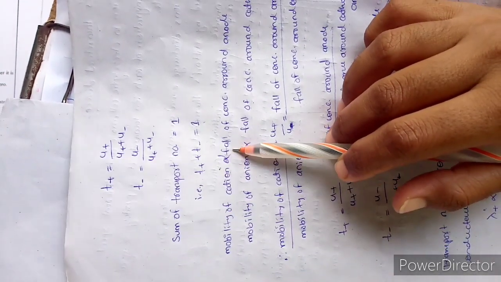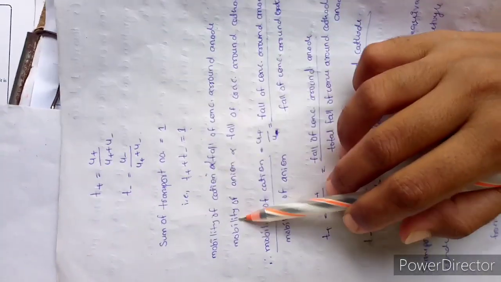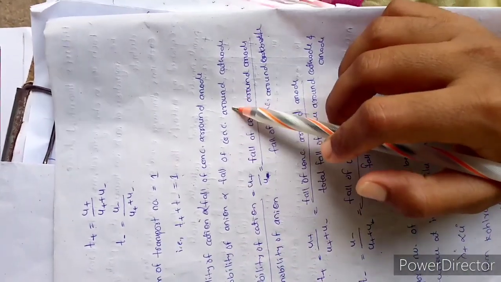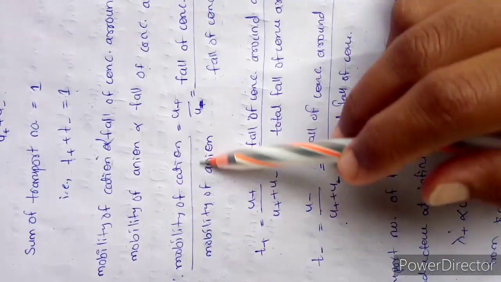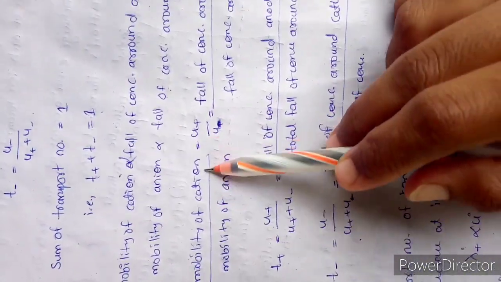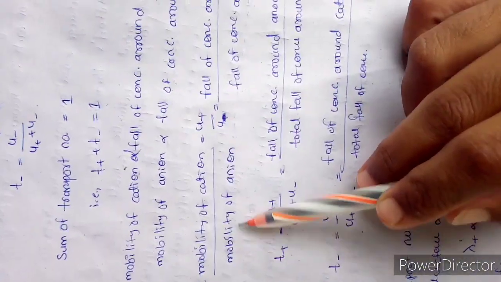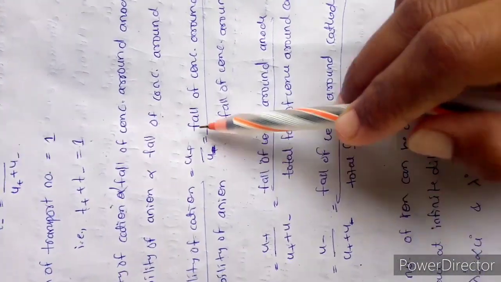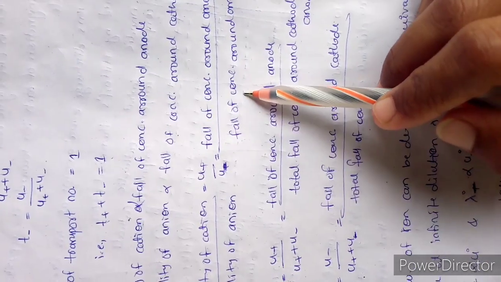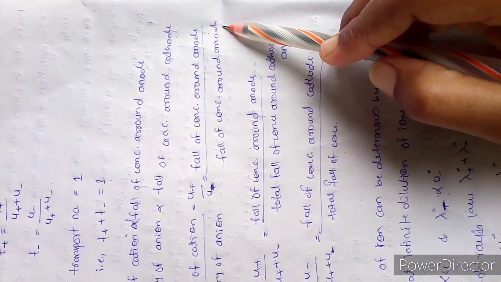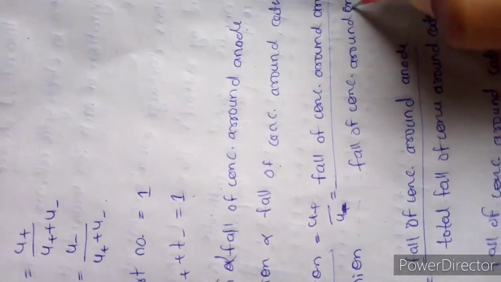Therefore, the mobility of cations, represented as U plus, and the mobility of anions, represented as U minus, are proportional to the fall of concentration around the anode and the fall of concentration around the cathode. Sorry, it is cathode.